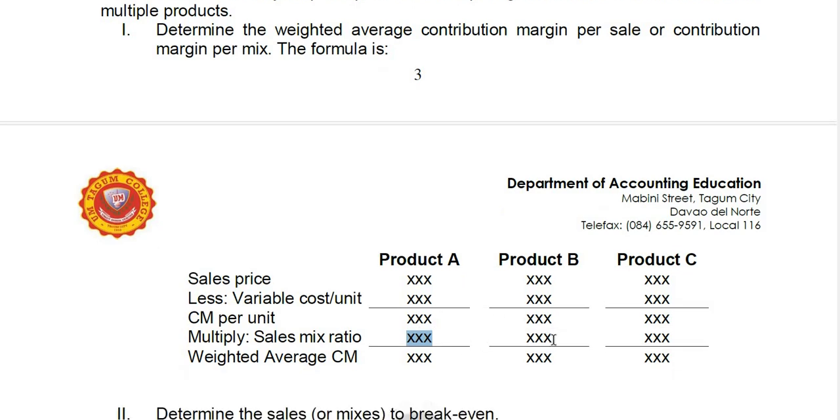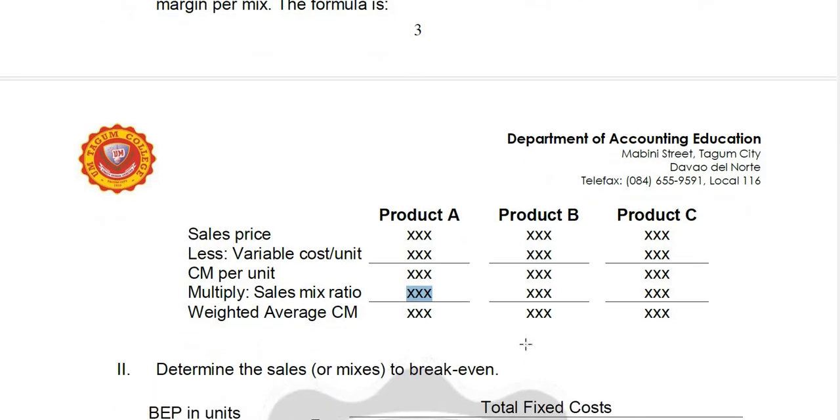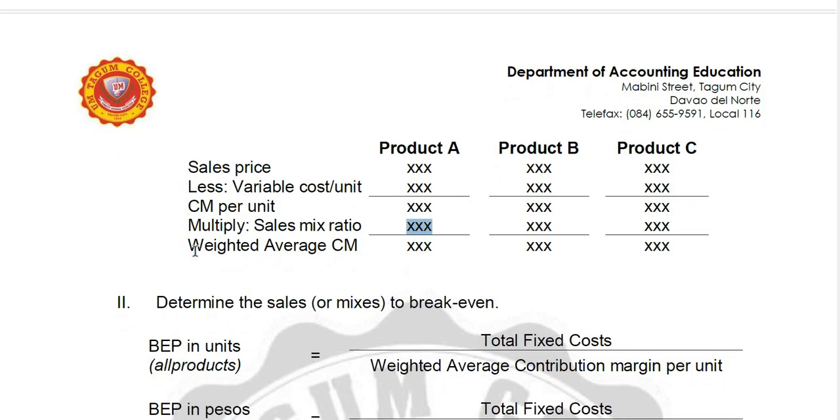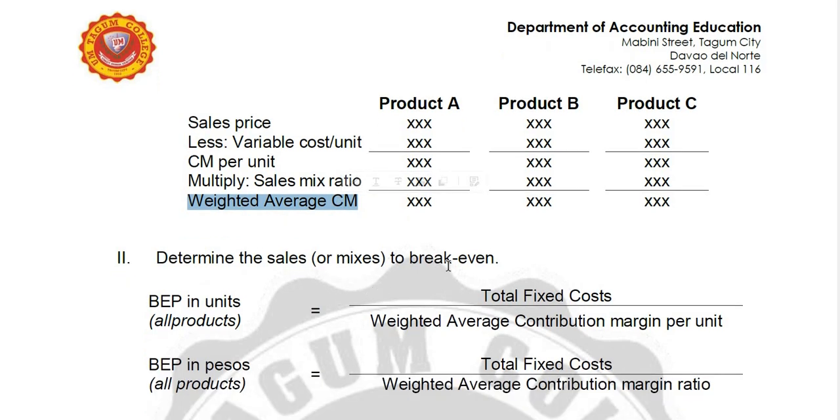So, para makuha mo yung weighted average na contribution margin. So, pag meron ka ng weighted average contribution margin, then you can compute already for your break-even point in terms of units para sa lahat ng products.